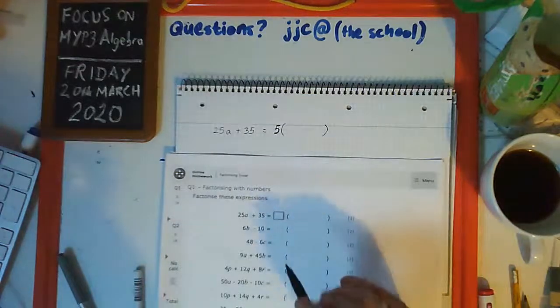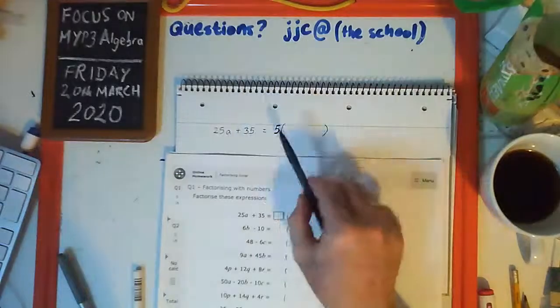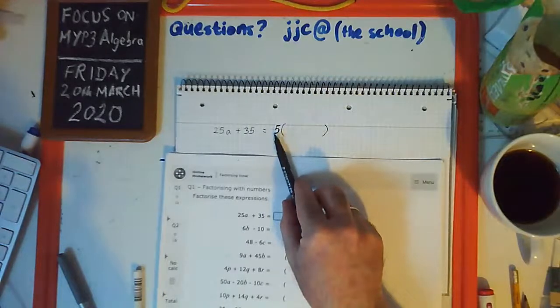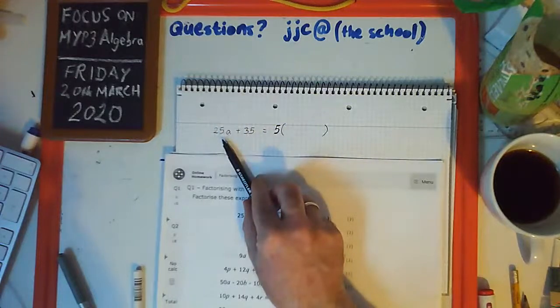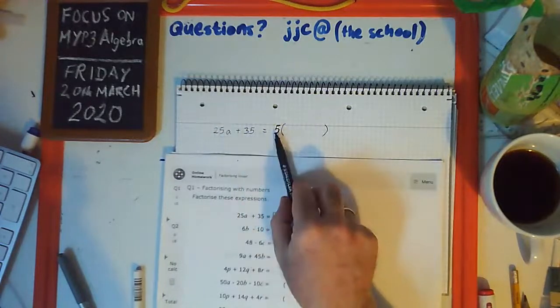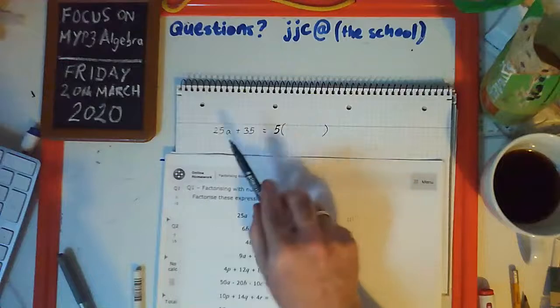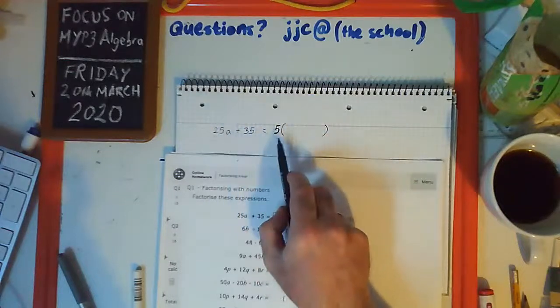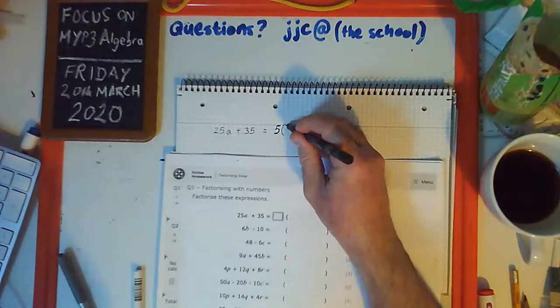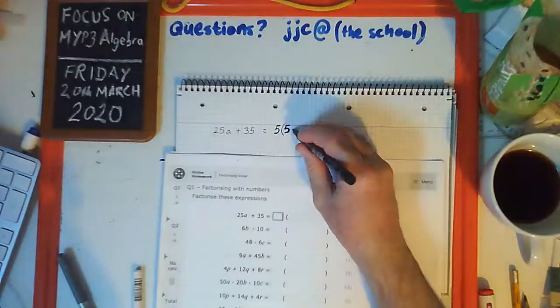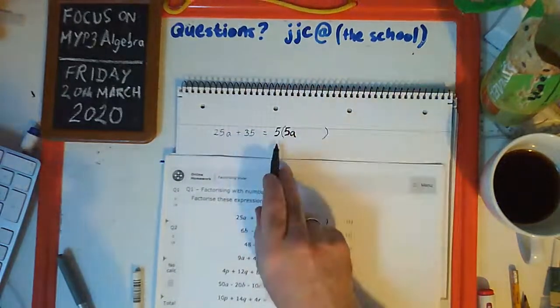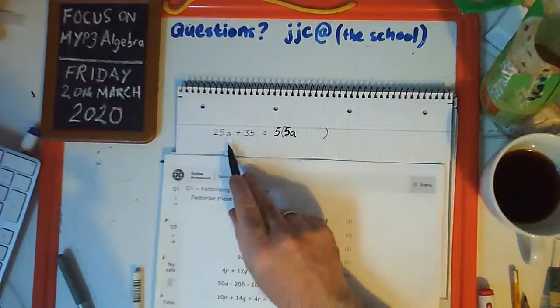So then I'm asking myself the question, what have I got to multiply the 5 by inside the brackets in order to get the 25a? So 5 times what will give me 25a? Well, 5 times 5 will give me the 25. And then you need an a there, so that 5 times 5a will give me the 25a.